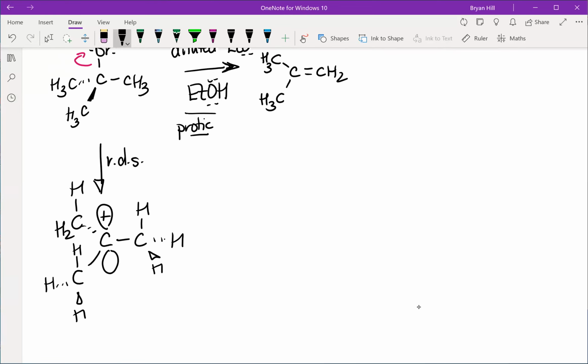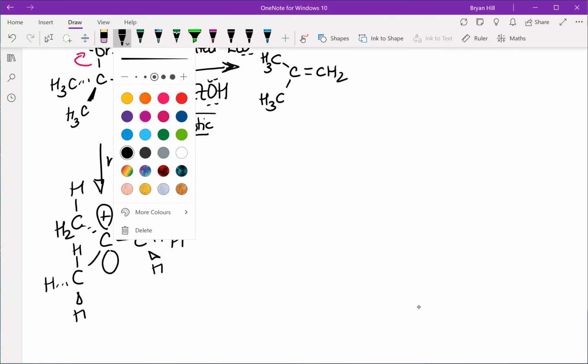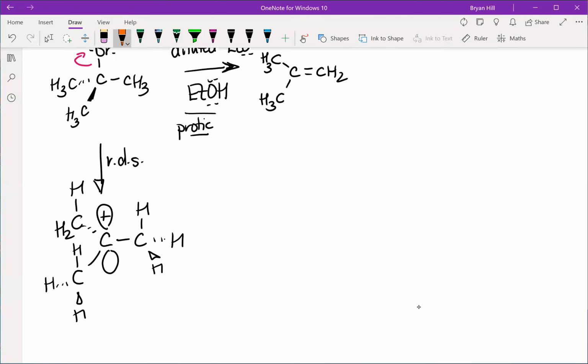And I've drawn it specifically like this so we could see one of the reasons why: we will have all of these various carbons' protons next door hyperconjugating to stabilize this positive charge.